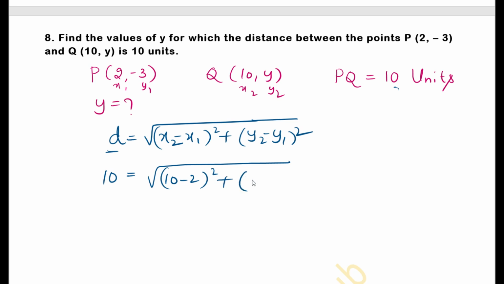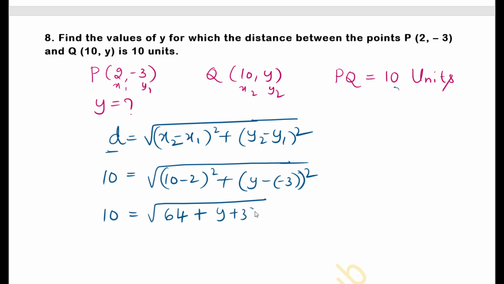What is y2? y2 is y minus of minus 3 whole square. 10 equals, what is 10 minus 2? 10 minus 2 is 8, square. What is 8 square? Which is equal to 64. Plus, minus into minus is plus, we get y plus 3 whole square.